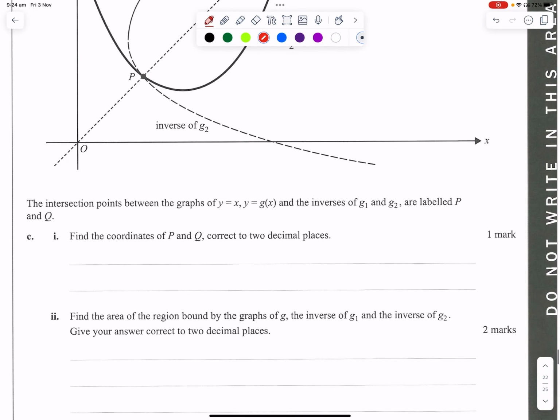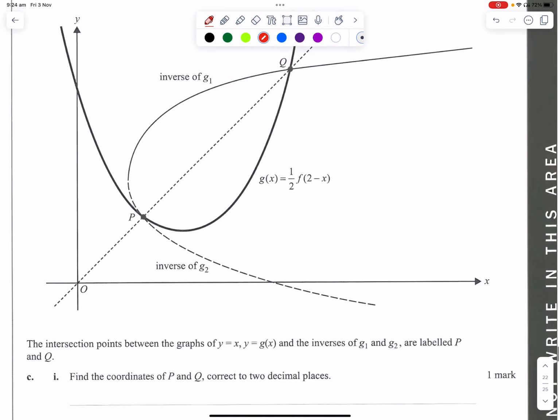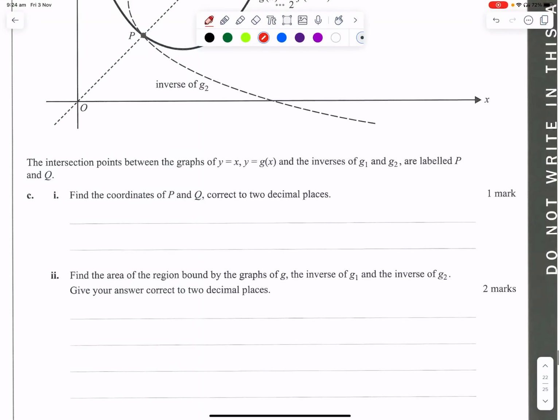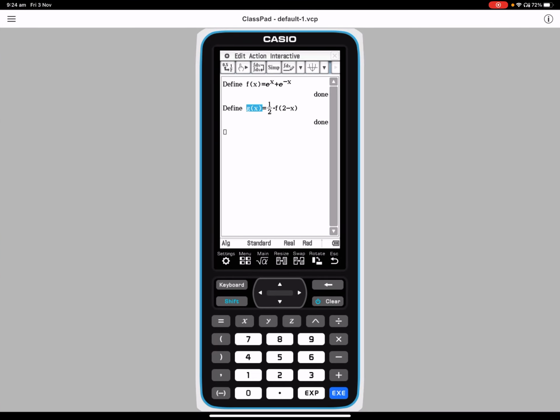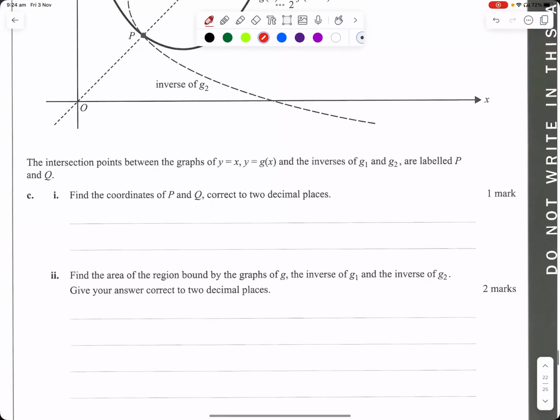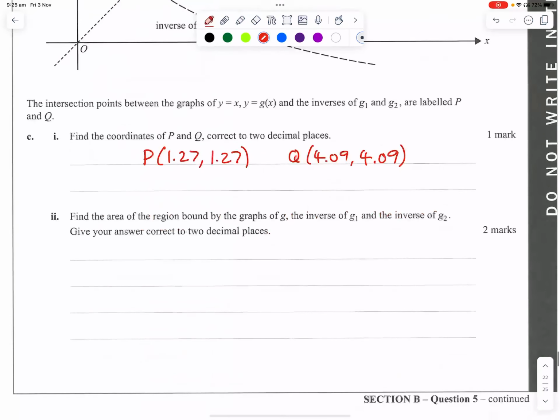The intersection points are labelled P and Q. Find the coordinates of P and Q. That shouldn't be too hard, should it? g of x equals x. 1.27 and 4.09. They have to be the same x and y value because it's on the line y equals x.